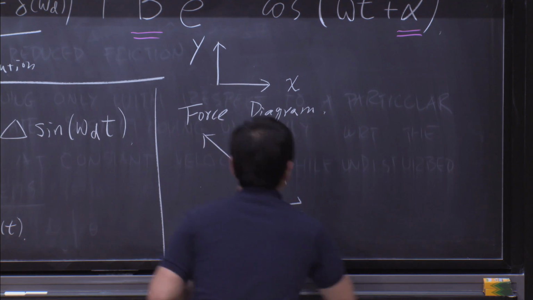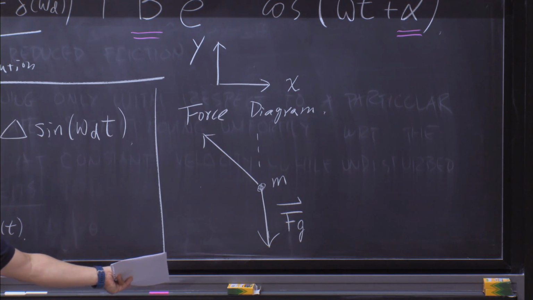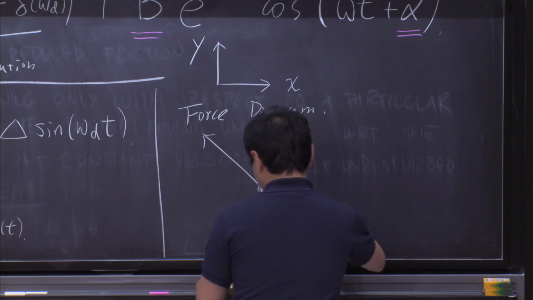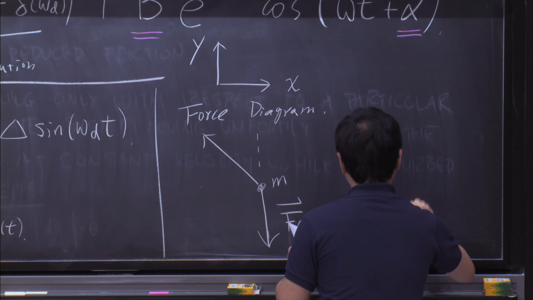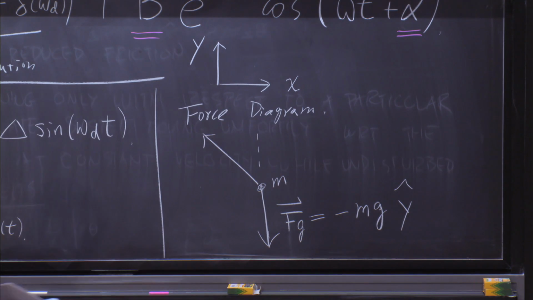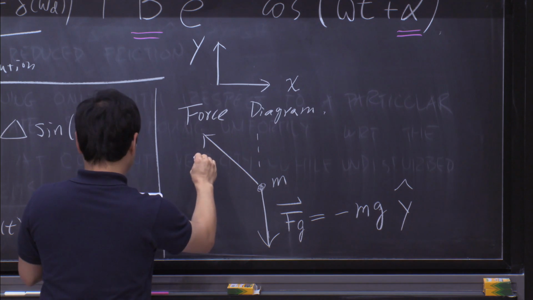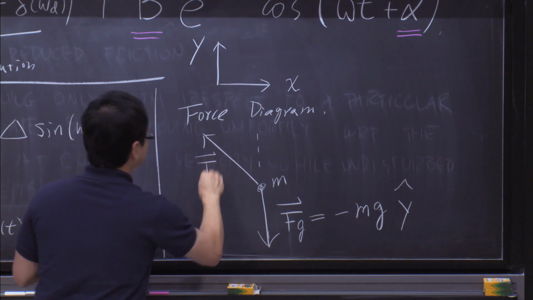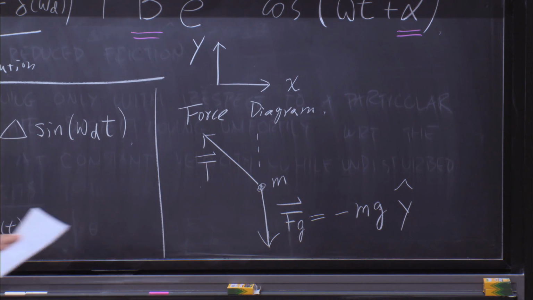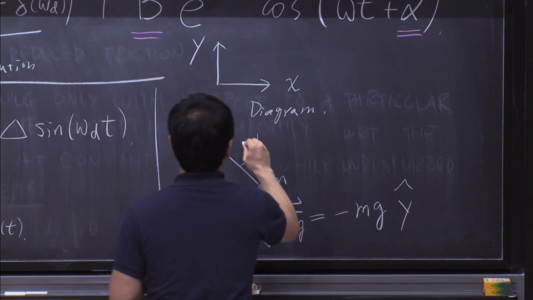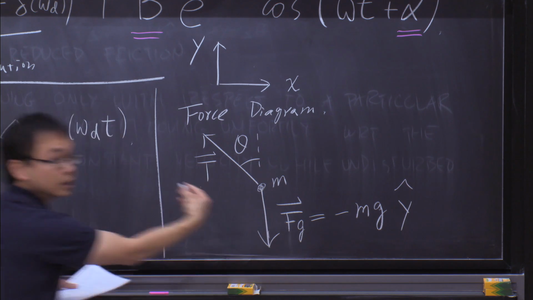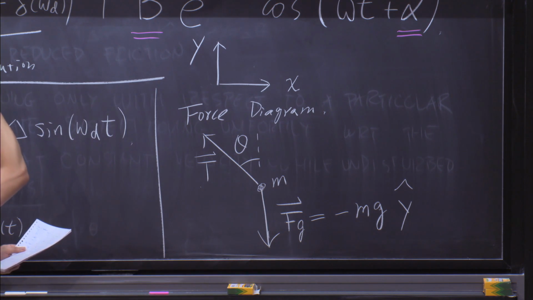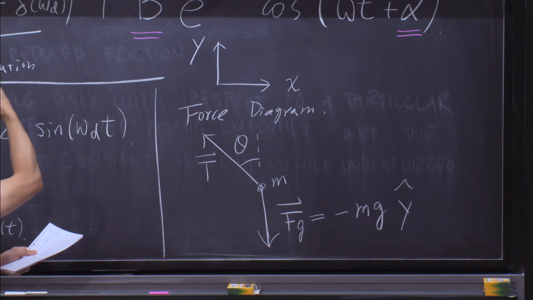This is Fg pointing downward. It's a gravitational force, and that is equal to minus m g y. And there's also a string tension T. Since we have this definition of theta here, T is pointing to the upper left direction of the board.